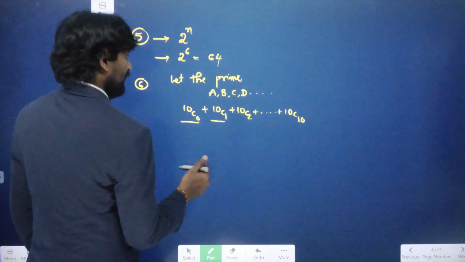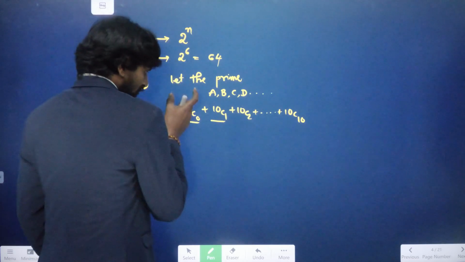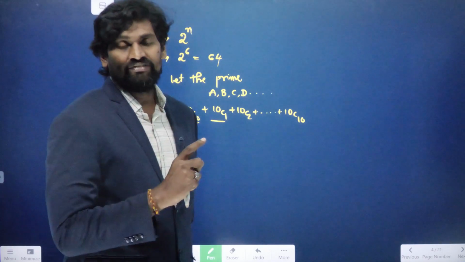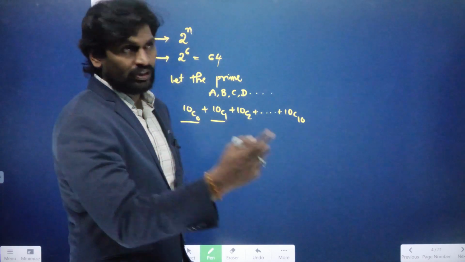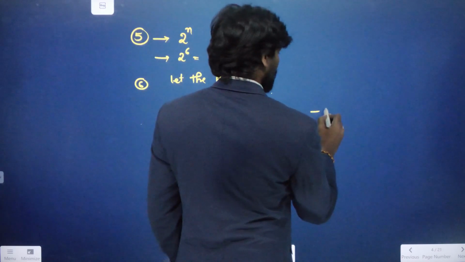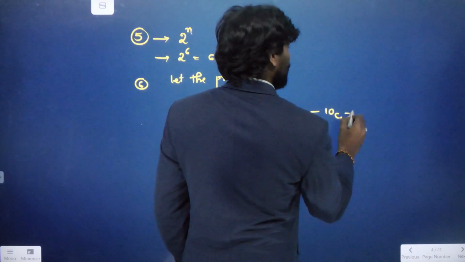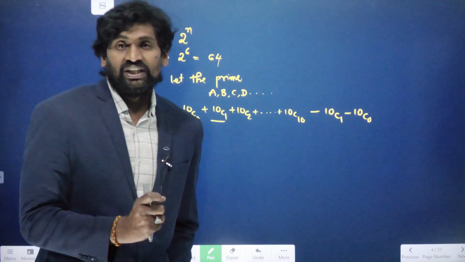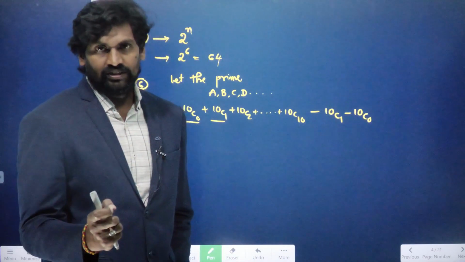Now the same way here, for writing the remaining, I am going to write from first to last all of the numbers, but in the question it is given that 2 or more than 2, that means the first 2 we are going to subtract. So 10C1 and 10C0 we need to subtract, then it will give 2 or more solutions.